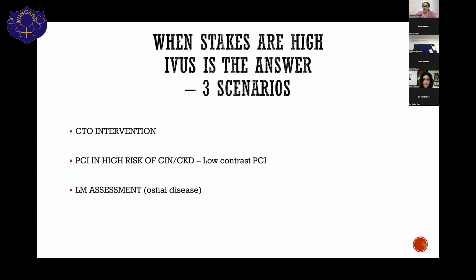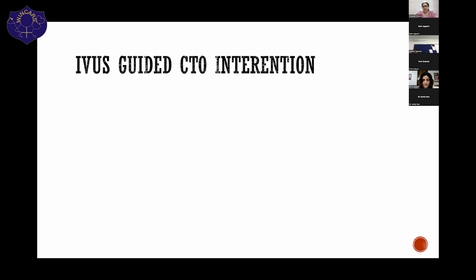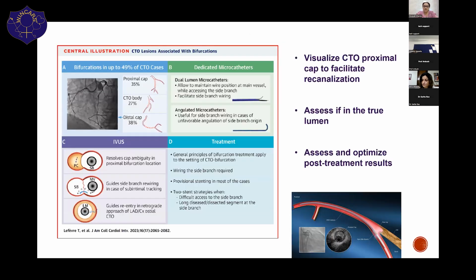But I think that for left main assessment, if IVUS is available, it should be the preferred modality. So coming to CTO intervention, how does IVUS have an upper hand when the stakes are high? This was a very good paper, just published in 2023, which showed that in CTO, whenever there is a bifurcation, at either the proximal or the distal cap or in the body, IVUS comes very handy. So 3 scenarios.